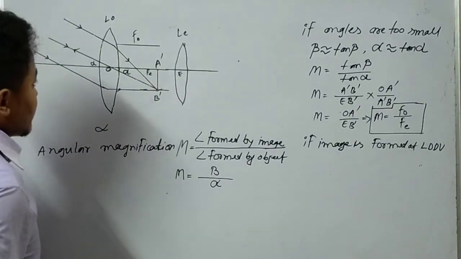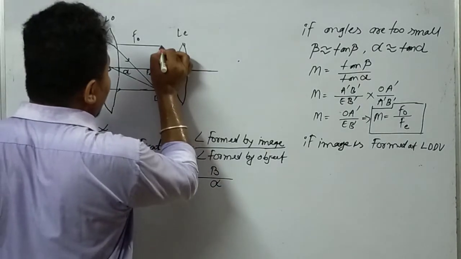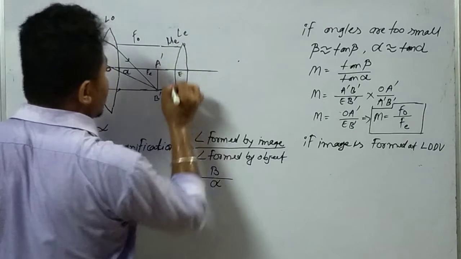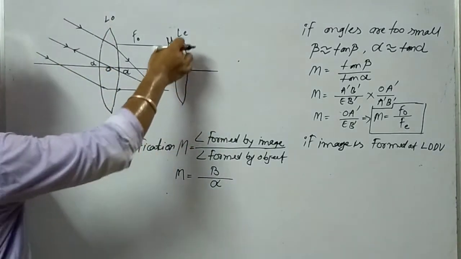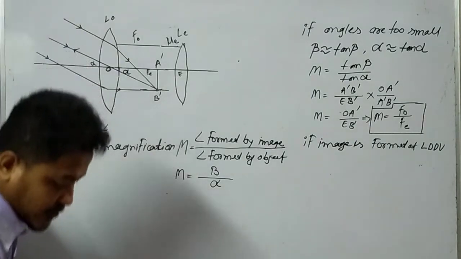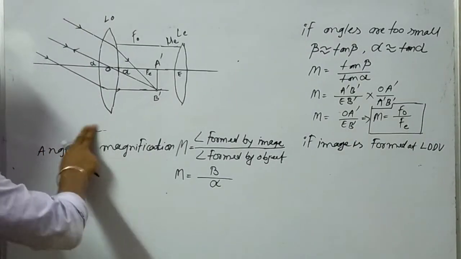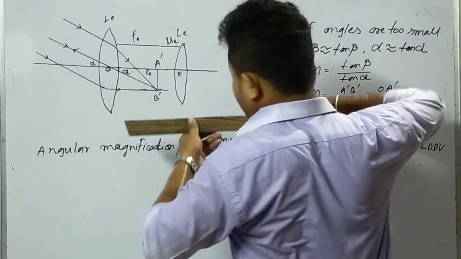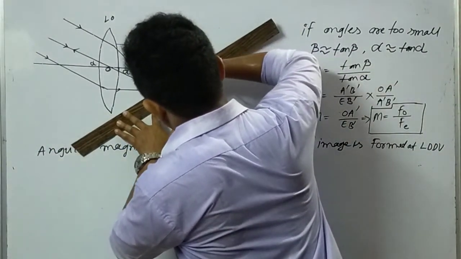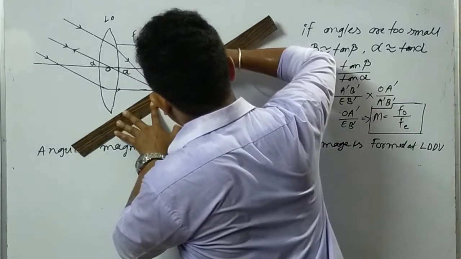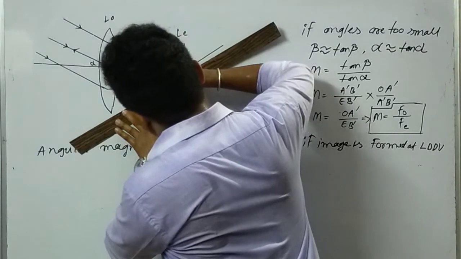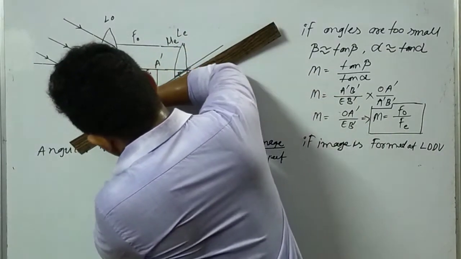That means now this distance will become the object distance for the eyepiece lens. Understand? But in this case, the image will be forming at some particular distance. That means the image formation will be traceable in this case. Like that they will go, and somewhere here they will meet.